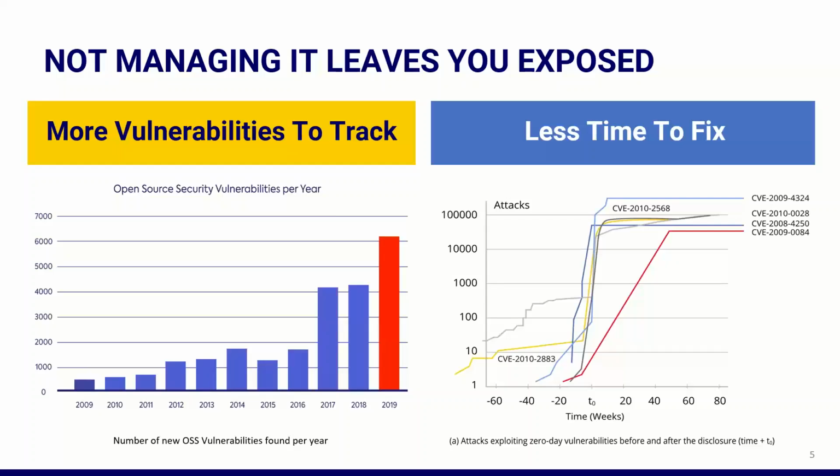So if you upgrade and patch to the latest version of the open source component, you have a lot less chance of being exploited, and we will discuss it soon in the next few slides.